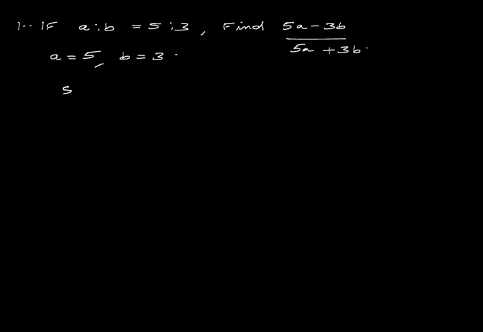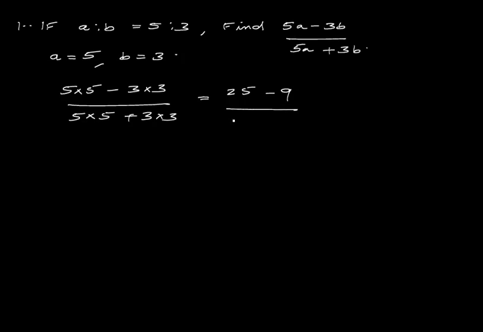So substitute those values here. That is 5 into 5 minus 3 into 3 divided by 5 into 5 plus 3 into 3, equal to 25 minus 9 divided by 25 plus 9.